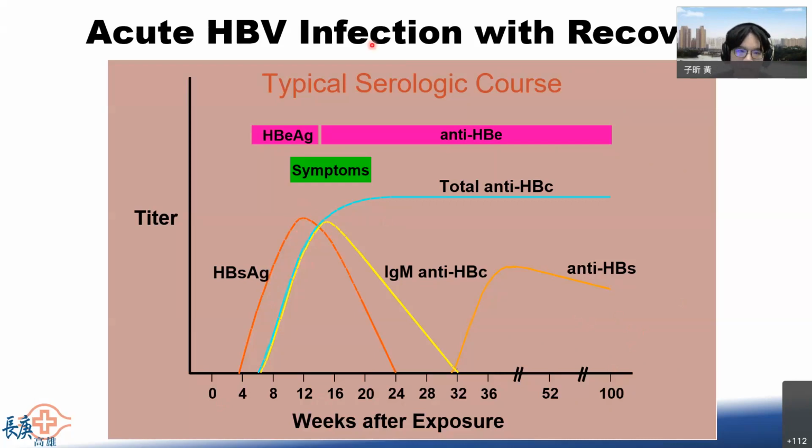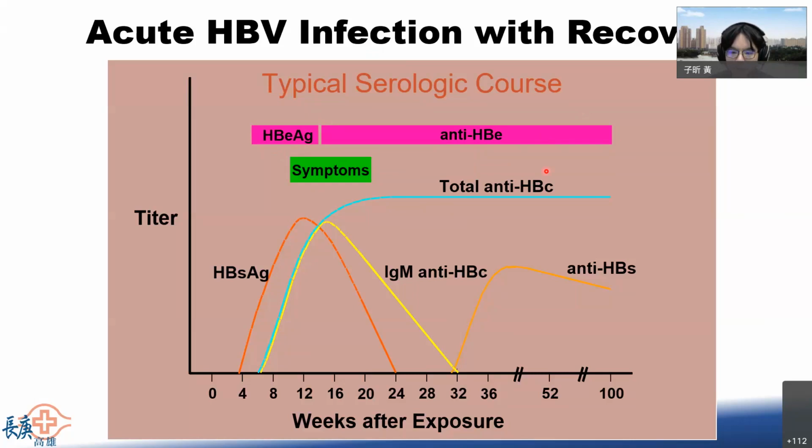Okay, next, this person is infected, and the HBe antigen usually means the virus is actively replicating. And HBe antigen is here, as you can see, this is a very short period of HBe antigen positivity, and then the body develops the anti-HBe antibody.